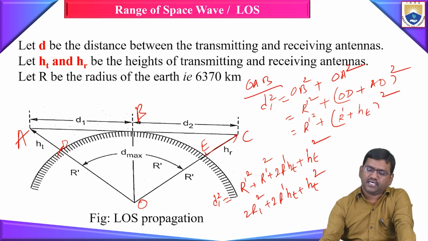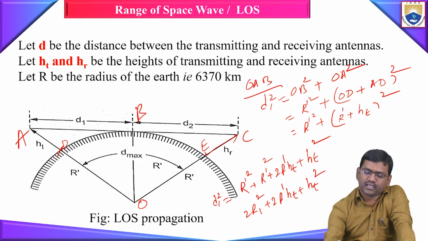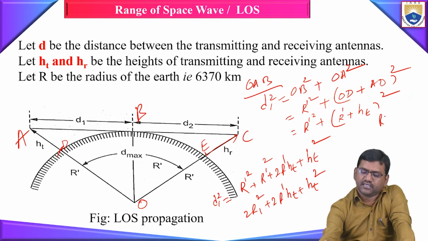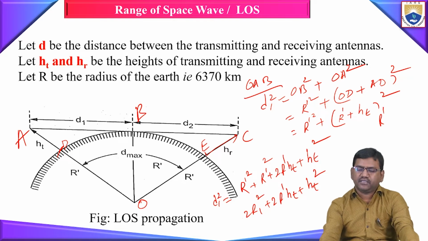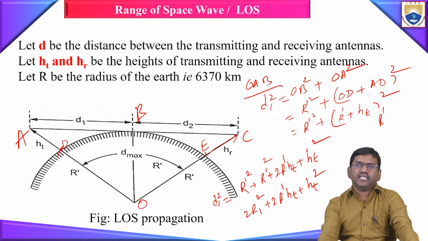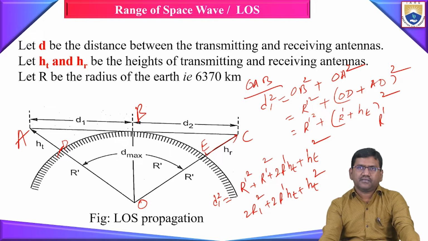So we know that R dash is the radius of the Earth, approximately 6370 kilometers. Practically, the height of the antenna is around 200 meters. So when compared to the radius, the height of the transmitting antenna and the height of the receiving antenna are very small.